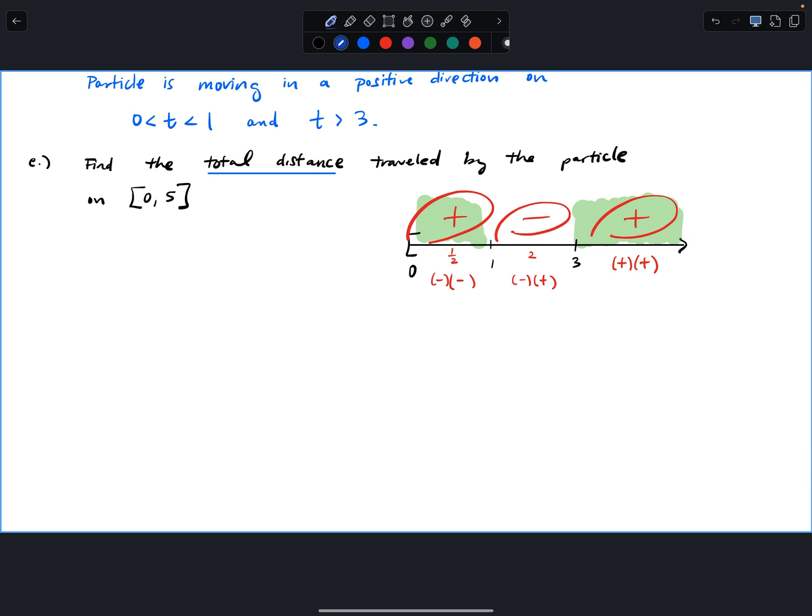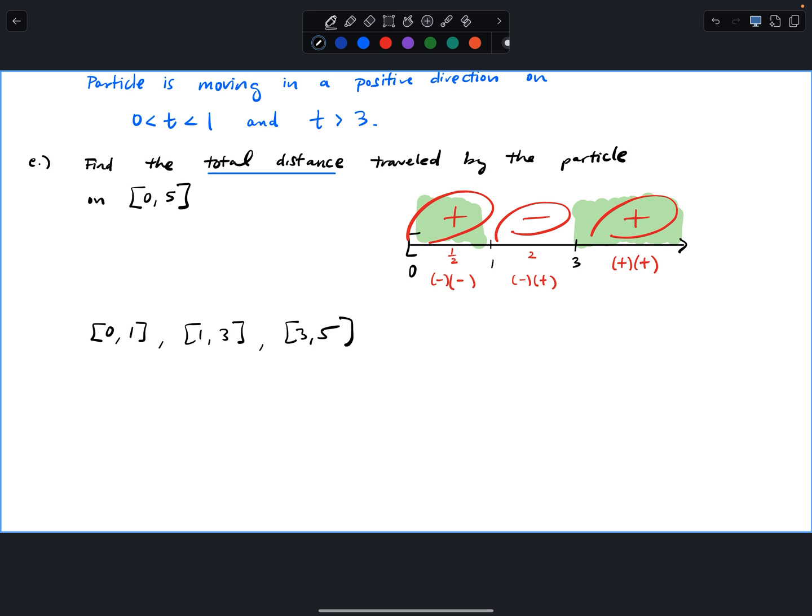So between 0 and 5, we have these intervals I have to pay attention to. 0 to 1, 1 to 3, and then 3 to 5. Because if I put these little time intervals side by side, this would together make up 0 to 5.